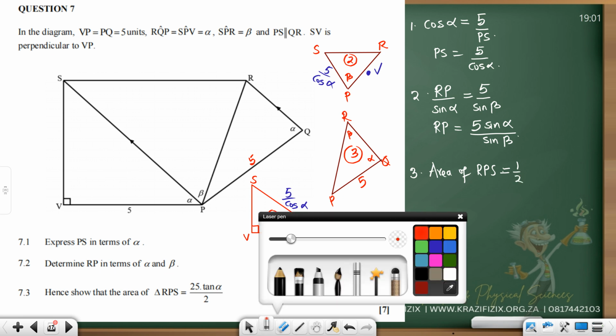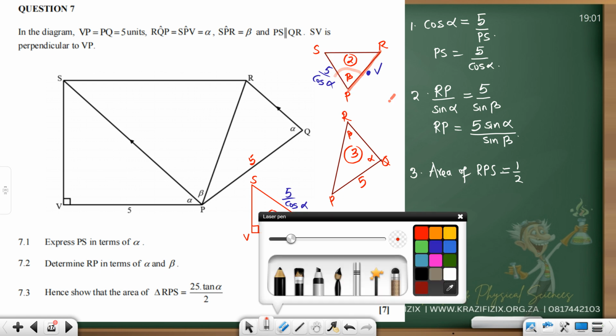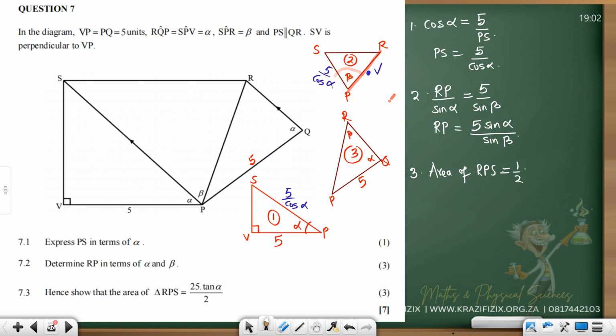It's the two sides and the angle in between. So half SP PR sine, sine P. Don't forget the two sides and the angle.